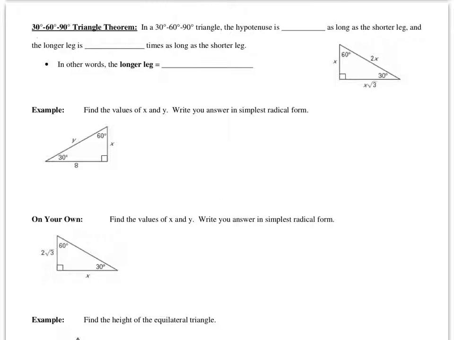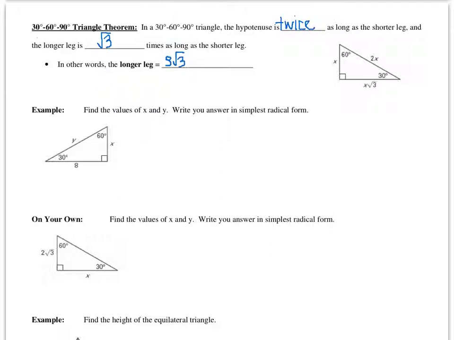For a 30, 60, 90 triangle, the hypotenuse is twice as long as the shorter leg, and the longer leg is the square root of 3 times as long as the shorter leg. In other words, my longer leg equals, I'm going to use S for shorter leg, times the square root of 3.